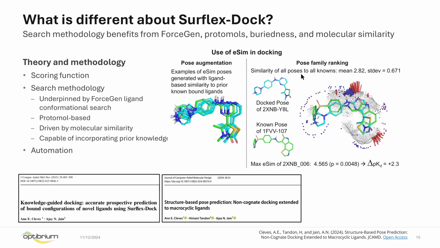We also use known poses of prior bound ligands in the same way that people tend to think of them. So if you're somebody who knows a lot about kinases, and these are kinase inhibitors over here, CDK2, you'll know when you see a hinge binding motif that looks sensible because you've seen a lot of kinase inhibitors before.